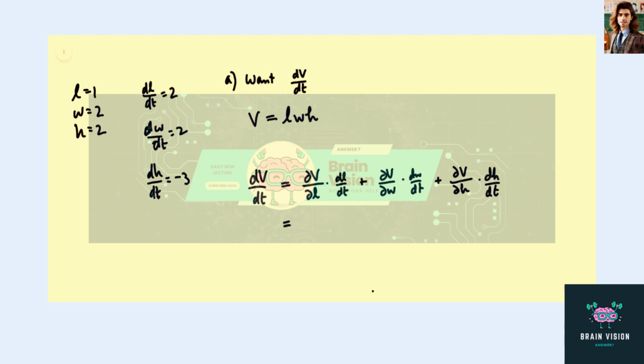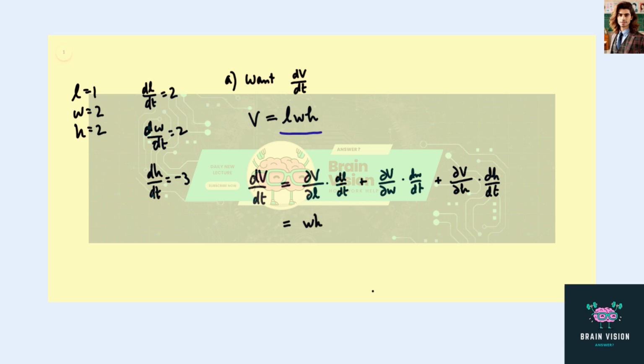So these will be pretty quick. For all these partials, we're just going to look up here. If L is considered to be the variable, then the derivative is just W times H.